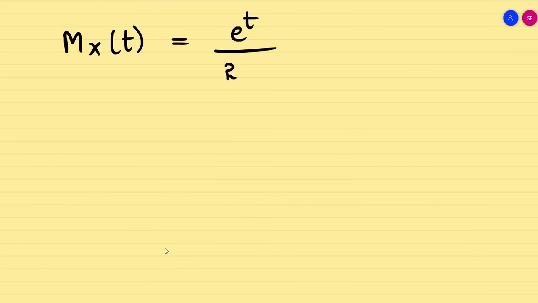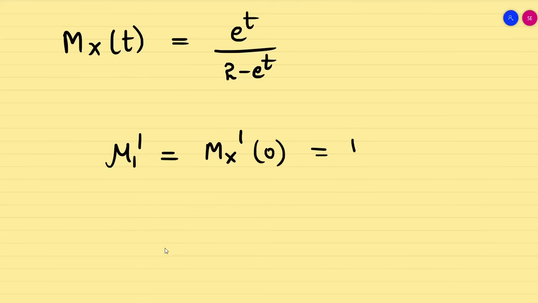Okay, so now you see what we found is Mx of t is e power t divided by 2 minus e power t. So my mu1 dash is nothing but Mx dash of 0, or Mx dash of t at t equal to 0.